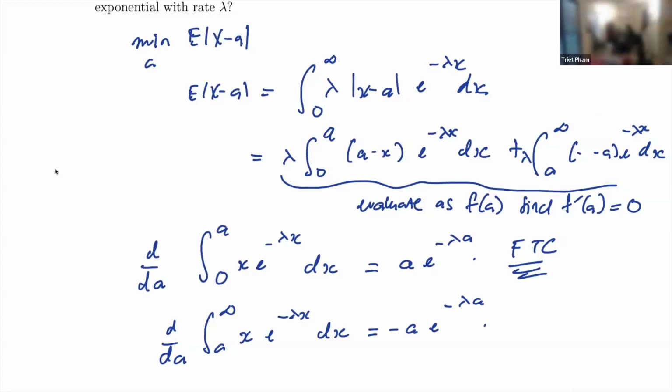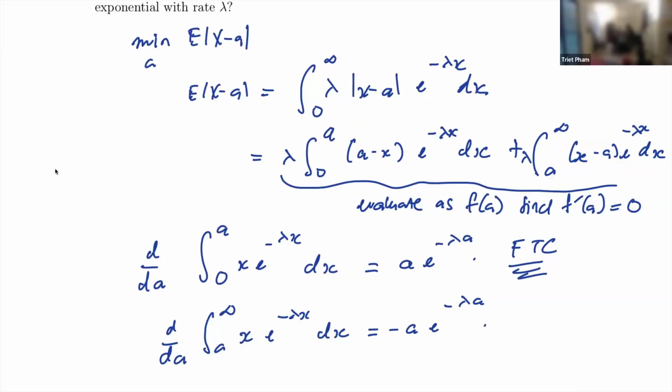Now notice, if I plug A into this expression of x, what do I get? I get 0, because A minus A is 0. If I plug A into here, I get also 0.